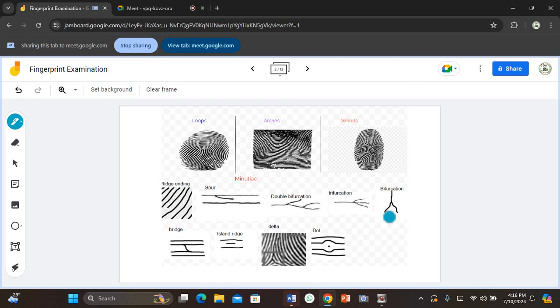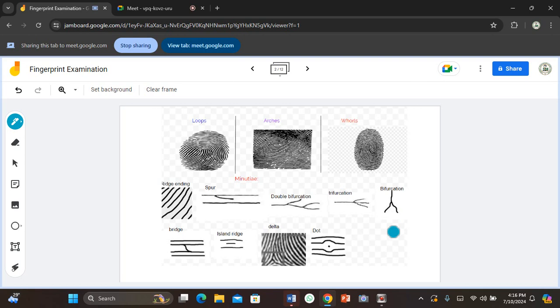So this is known as bifurcation. That is a single ridge diverging into two or splitting into two. That is bifurcation, from the words bi and furcate, that is splitting into two. Then at times it may split into three. In that case we call it trifurcation.